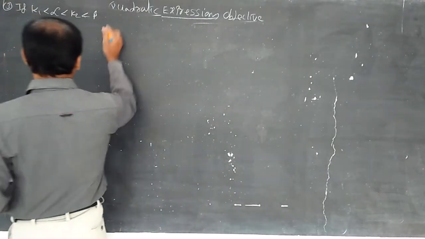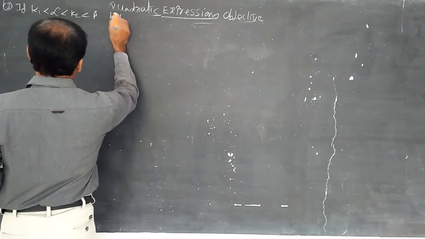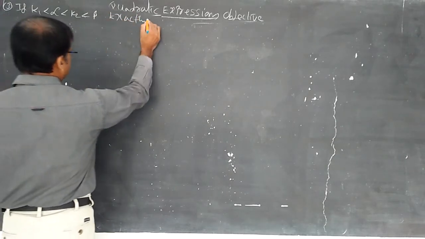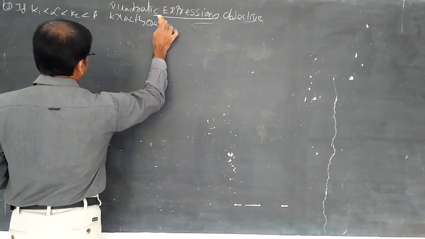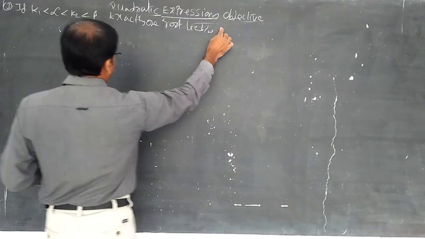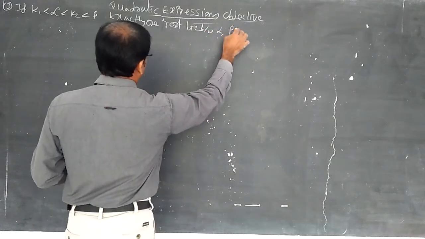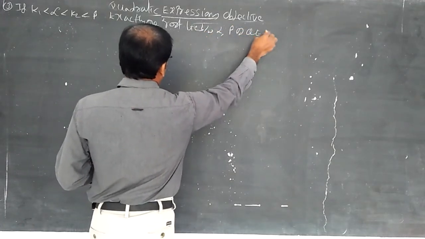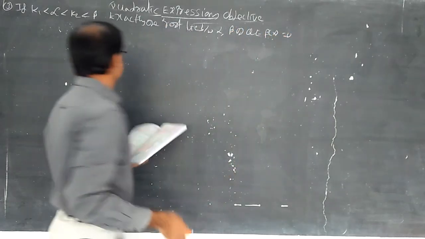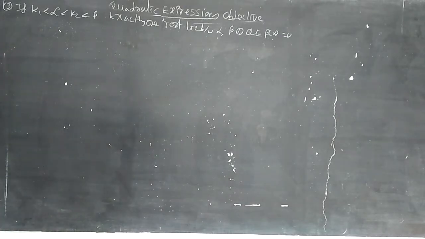Exactly one root lies between alpha comma beta of the quadratic equation. I am writing f of x equal to 0. Exactly one root lies between alpha and beta.